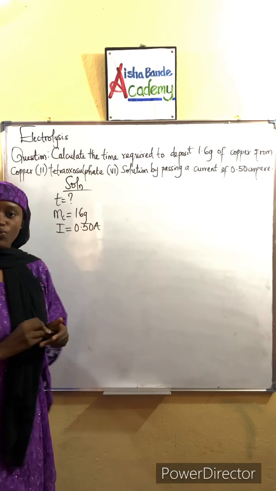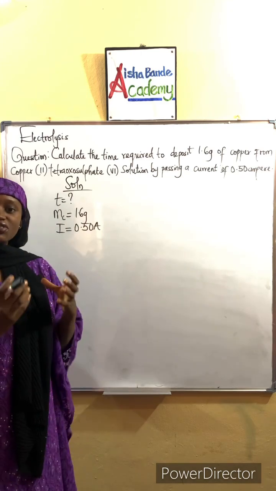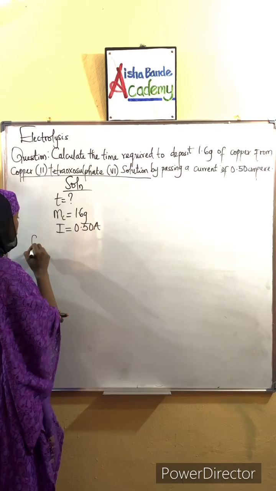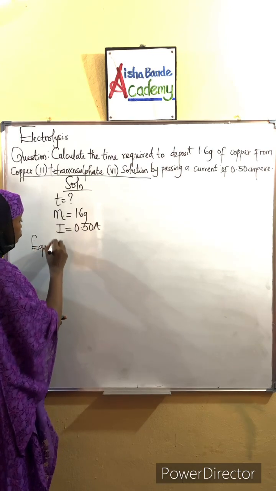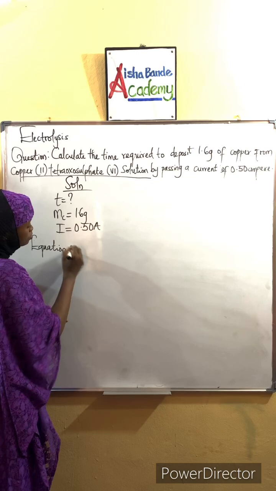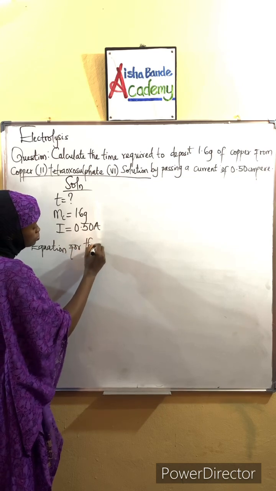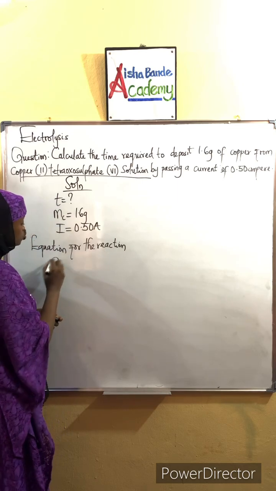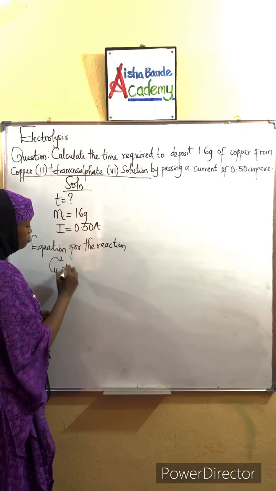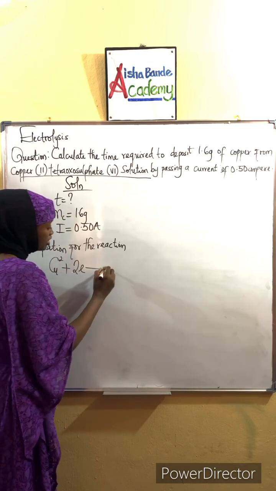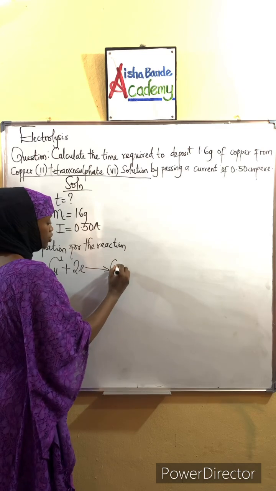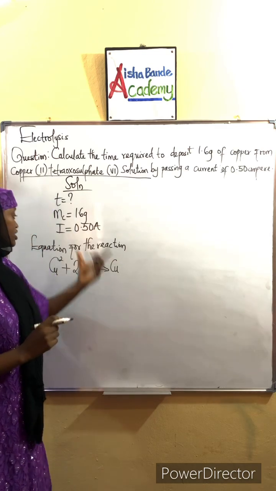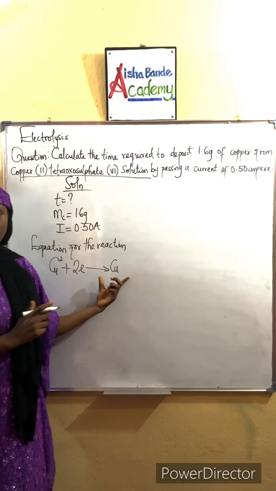The next step we need to do is to write out the chemical equation. Equation for the reaction is going to be Cu2+ + 2 electrons produces Cu. So this is the chemical equation for the reaction.